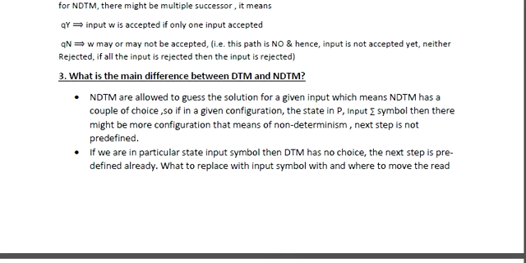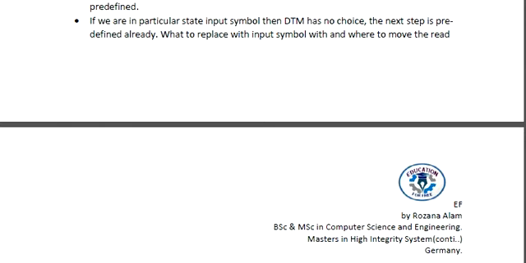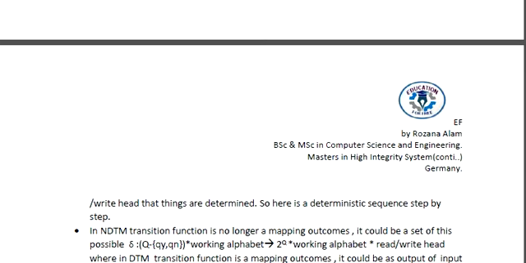This is not predefined, and you have branching. But in a deterministic Turing machine, if you have the current symbol and state on the cell, and you replace this symbol with a new symbol and new state, then the replacement is already predefined. So you can say there is a deterministic sequence, step by step.